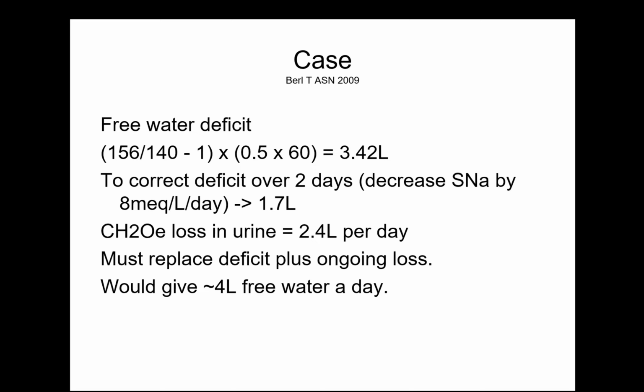So you can give 2 liters by IV, 2 liters of D5W per day. So that's like 80 to 85 cc's of D5W per hour. And then you can give 2 liters by mouth or through NG tube. So it's like 500 cc's every 6 hours by NG tube. Or you can have an attendant stare at her and have her drink 500 cc's every 6 hours, just like a medicine.